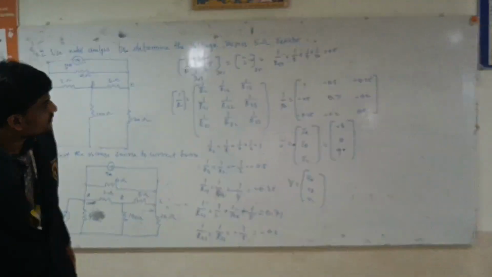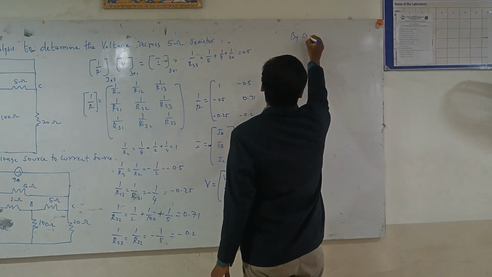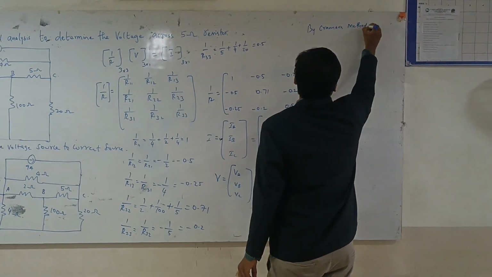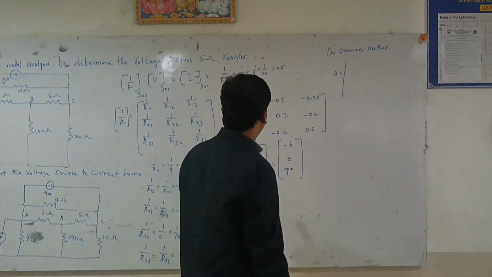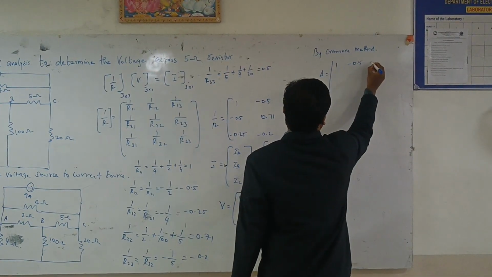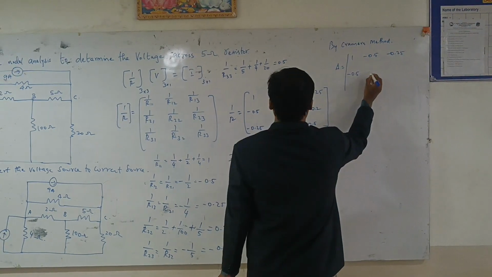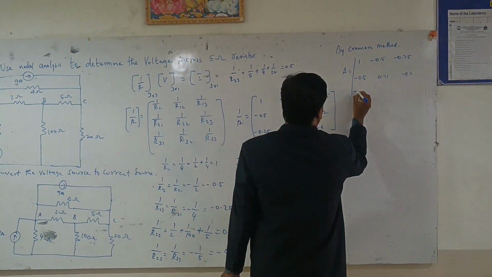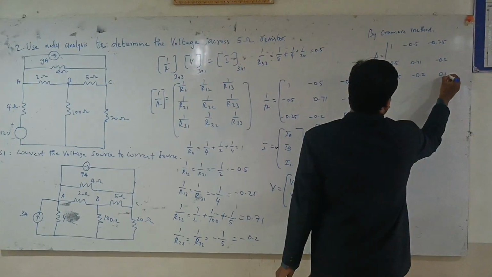So by Cramer's method, first we will find the value for del. So the determinant of 1, minus 0.5, minus 0.25; minus 0.5, 0.71, minus 0.2; minus 0.25, minus 0.2, 0.5.